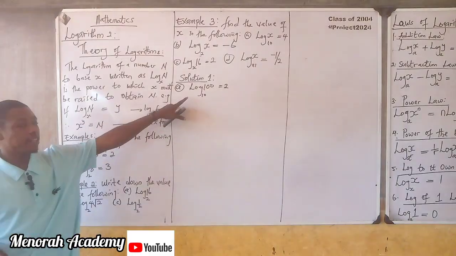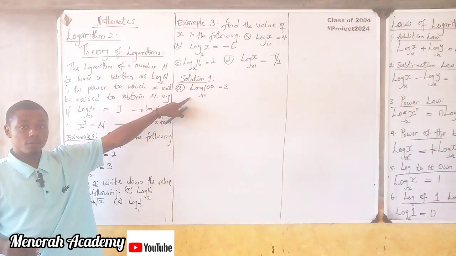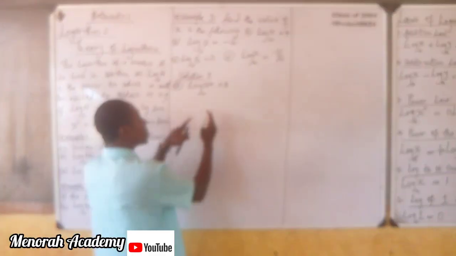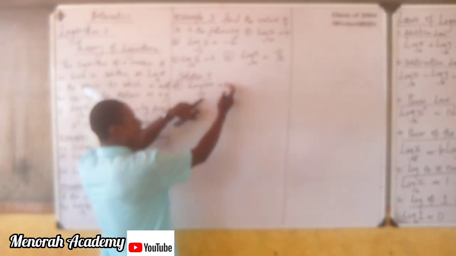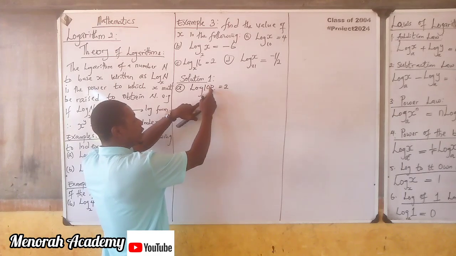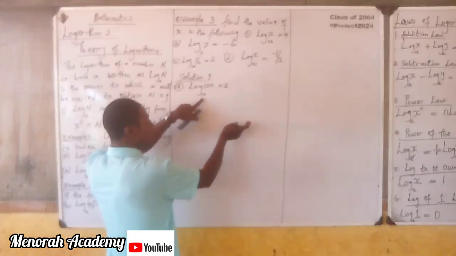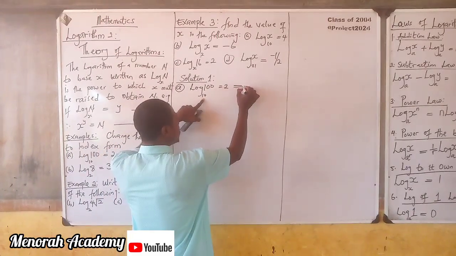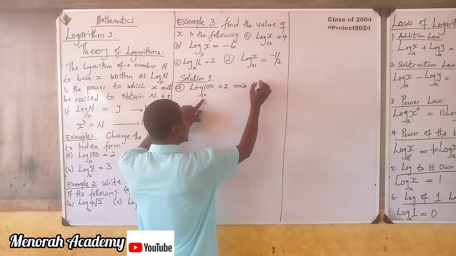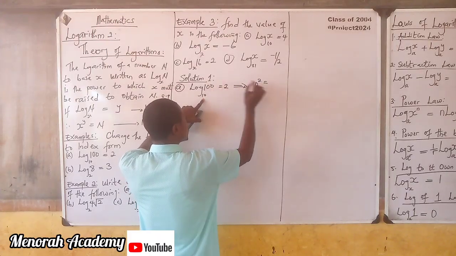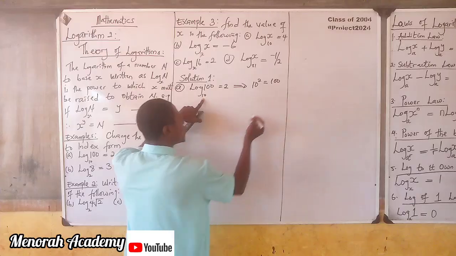If you want to take this to the index form, this is what you are expected to do. The base, which is 10, takes 2 as its power, and all of it equals 100. So the index form is 10 raised to the power of 2, which is equal to 100. And it is true.